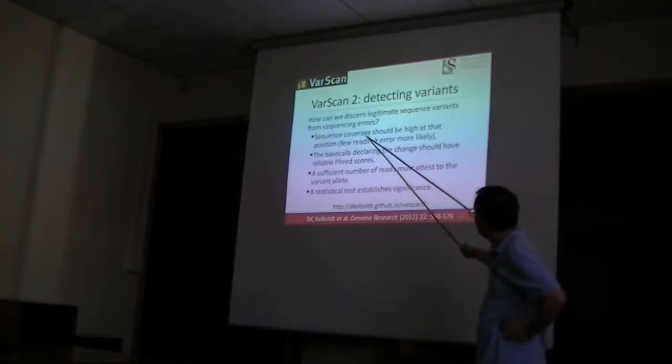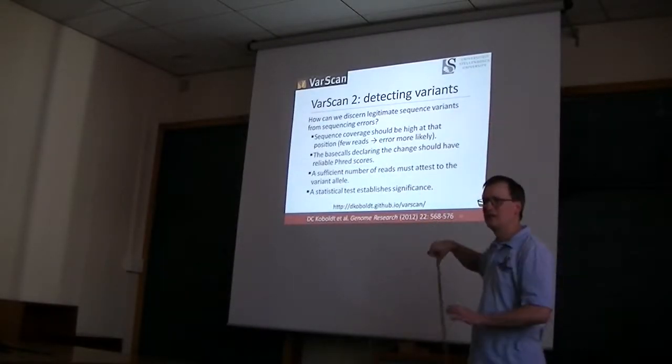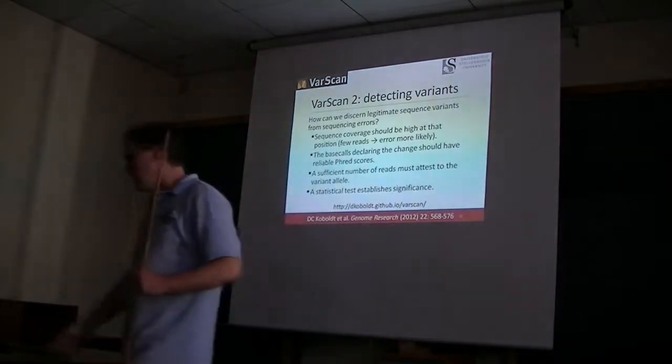So, we start with the idea that sequence coverage should be high at that position. That may not make a whole lot of sense, but think about it this way.